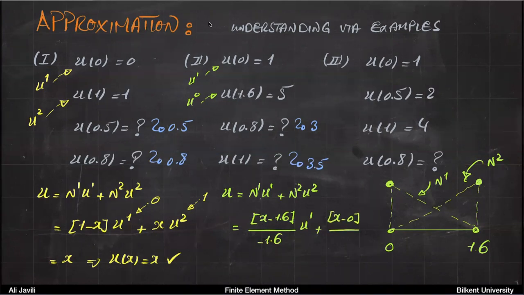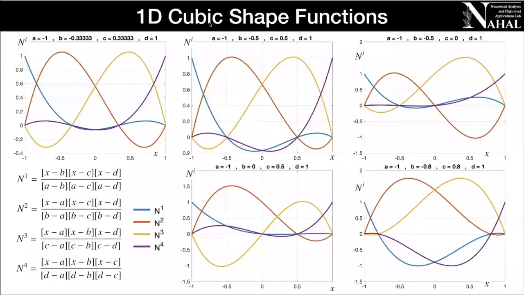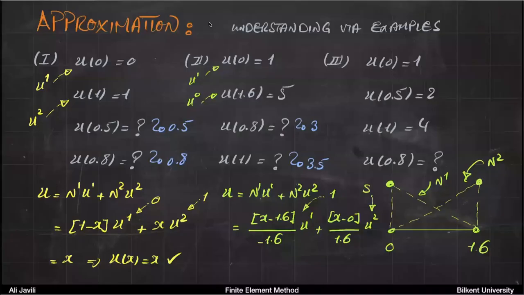And then at 1.6, you want it to be 1, so you divide it by 1.6 times u2. Now here u1 is the value of u at node 1, that's 1. u2 is the value of u at node 2, which is 5. And if you just do the math, you would get 4 divided by 1.6 x plus 1.